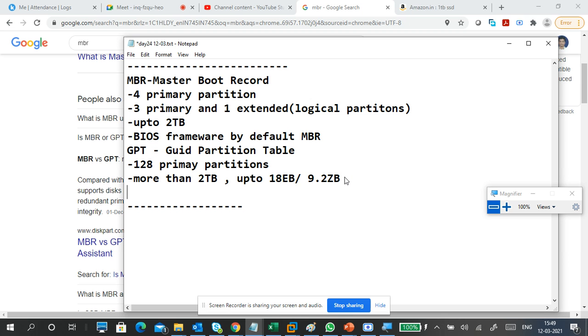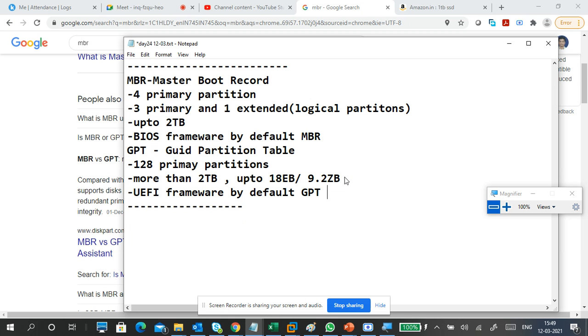If you are using UEFI firmware, by default it's a GPT disk. Of course, the supporting operating systems also differ.